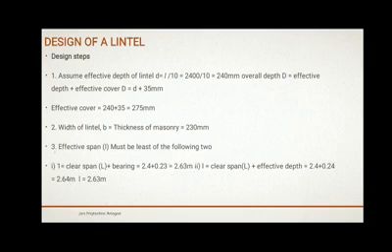So here in this case, what we are doing is the length is given. We are determining the effective depth, that is after substituting we get 240 mm. Overall depth is equal to effective plus cover. So the cover what we are assuming is 35 mm.